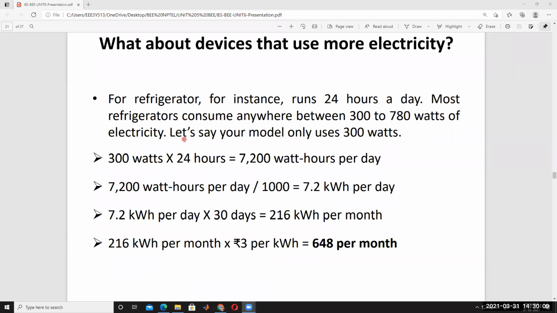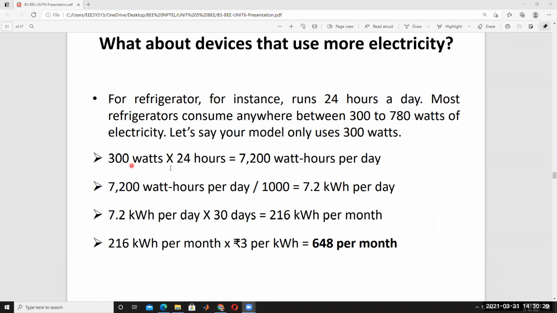Let's say your model is, for example, 300 watts. 300 into 24 gives 7,200 watt-hours per day.